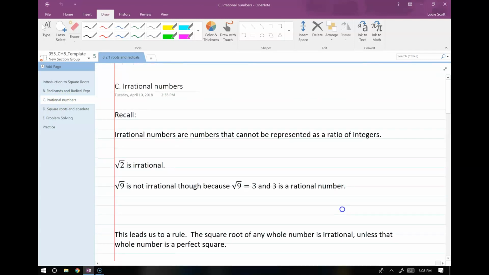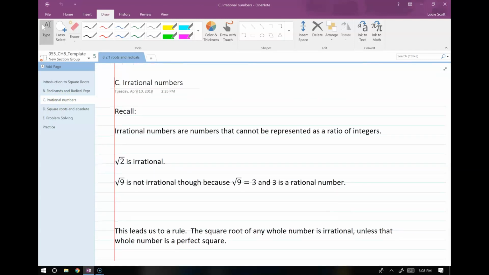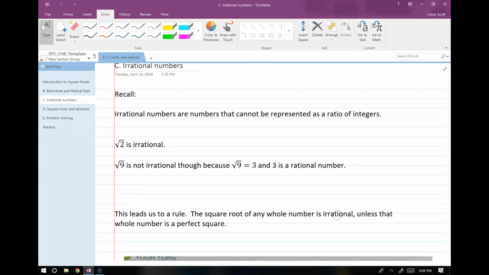Moving on. Now we go over the definition of irrational numbers, and we've already gone over this one, but I'm going to show you what it means to be a radical and irrational. Recall that irrational numbers are numbers that cannot be represented as a ratio of integers, so things that can't be represented as fractions of integers. 2/3, nope, that's rational because that's a fraction.